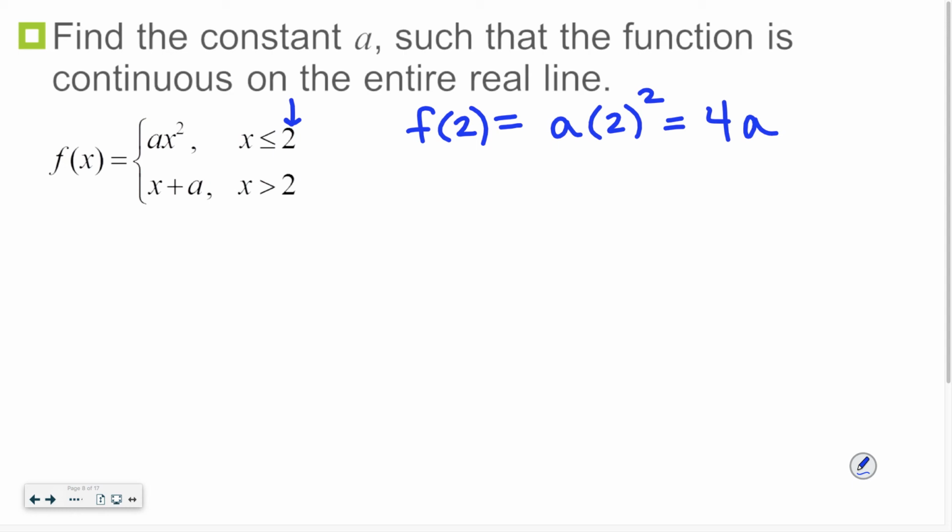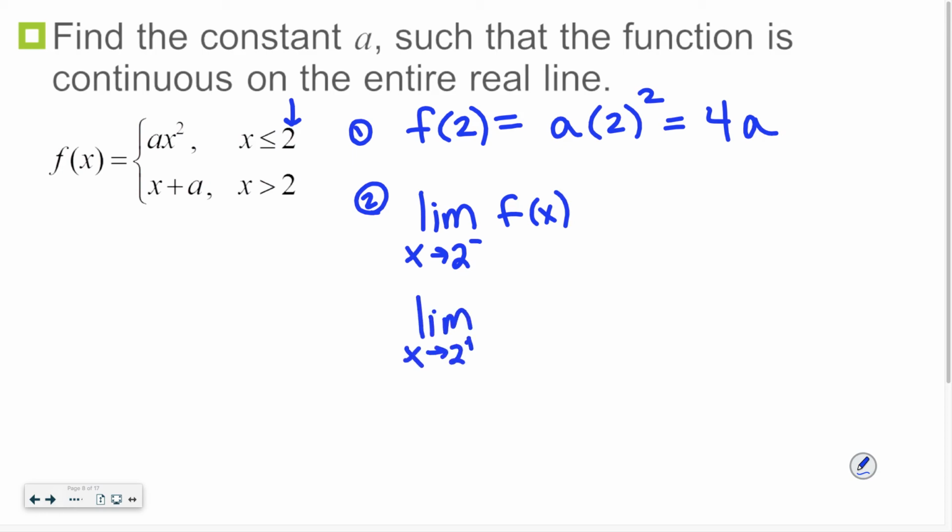Now we need to concentrate on the limit. Okay? We need to ensure that the limit as x approaches 2 from the left and the limit as x approaches 2 from the right are the same thing. Okay? So if we look at our left-hand limit, that's this top piece right here.